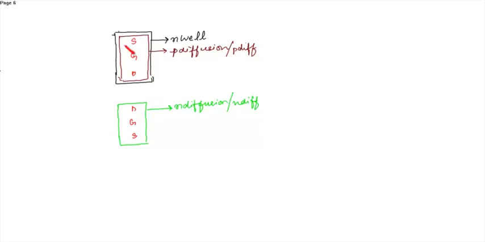So at first, to connect the gate, this is the gate, and the input here is the select line S. The source of the PMOS is connected to VDD with the help of the metal layer.